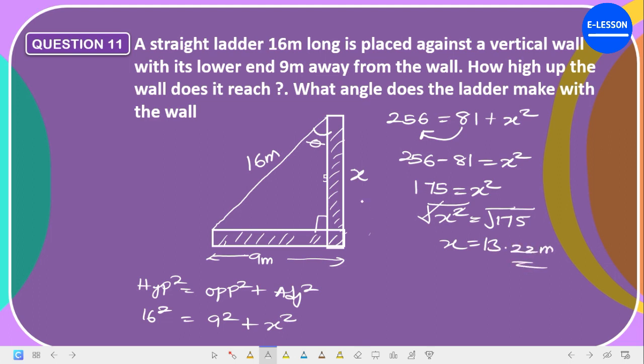So it has a height of 13.22 meters. It's as easy as that.